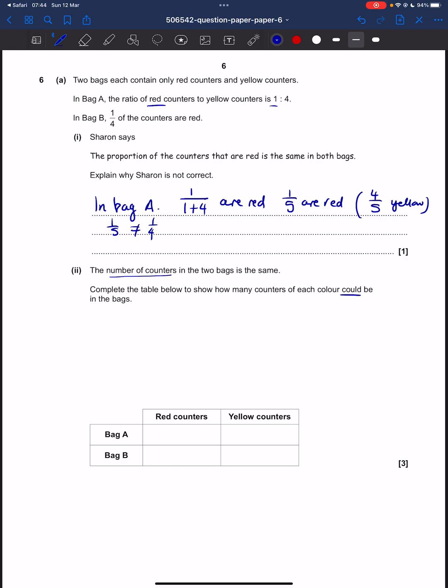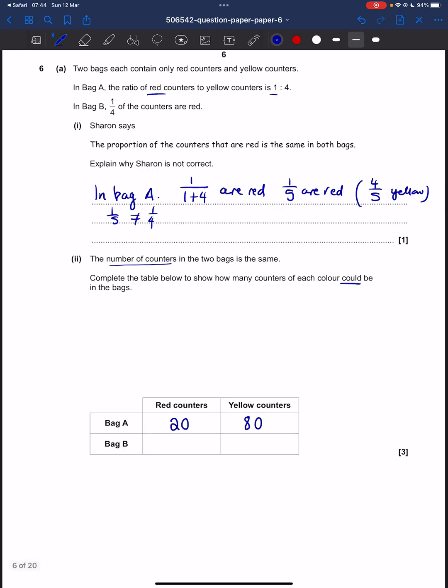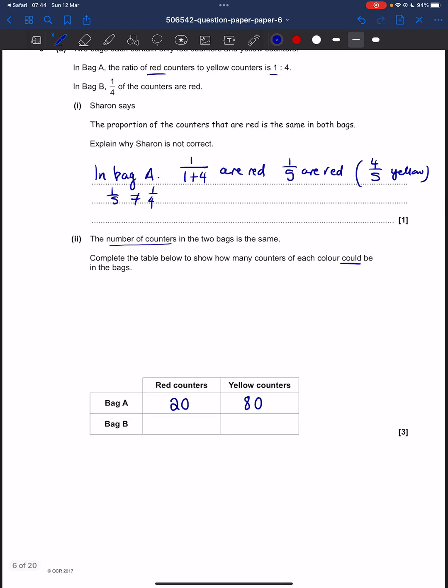In bag A, 1/5 are red, 20, 4/5 are yellow, 80. And then in bag B, a quarter of the counters are red, 25 and 75. So then there's 100 in each.